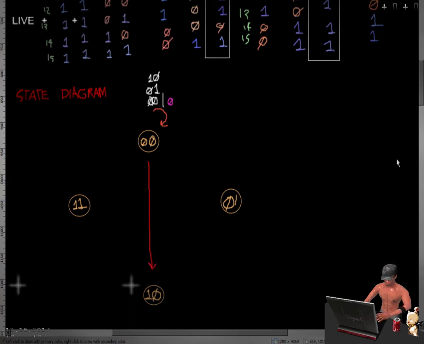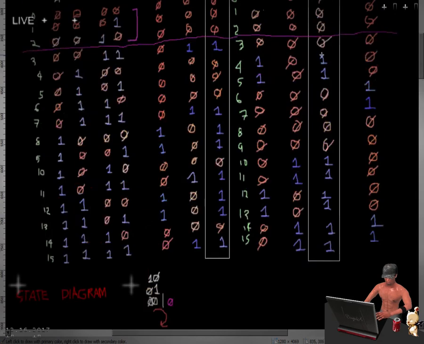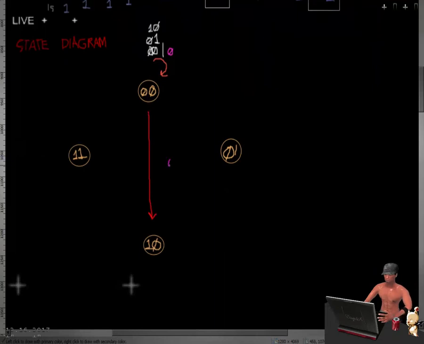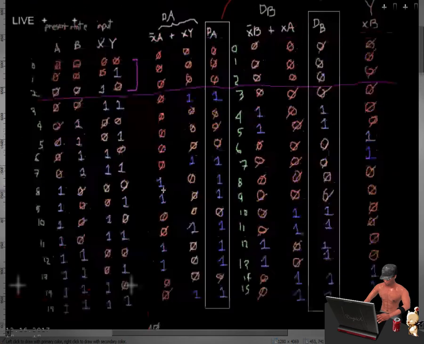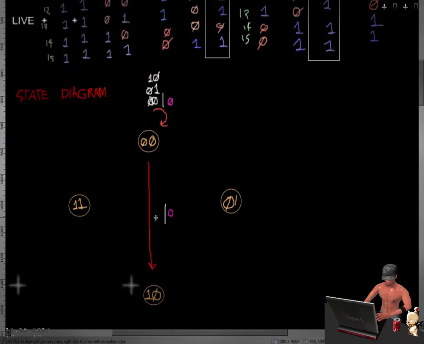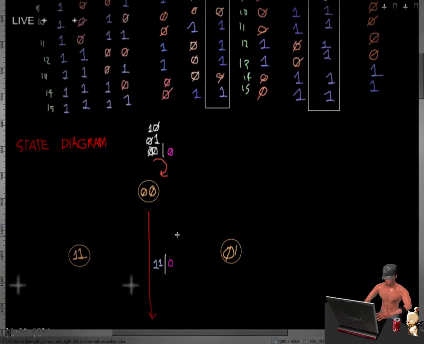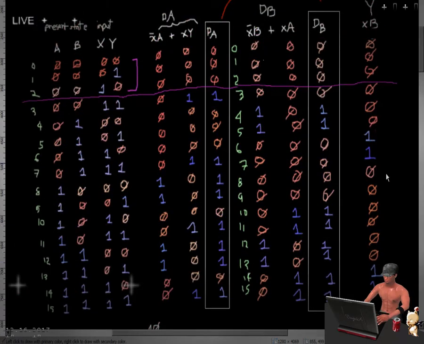The output of that is actually 0. And what is the input? Basically the input is 1, 1. We're gonna color code that as well. When x and y is 1, 1, you get an output of 0, and the next state goes to 1, 0.